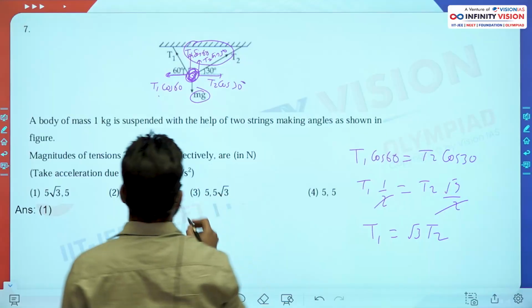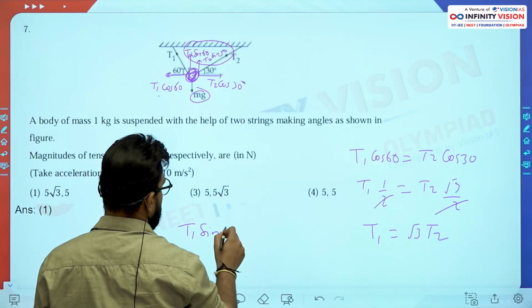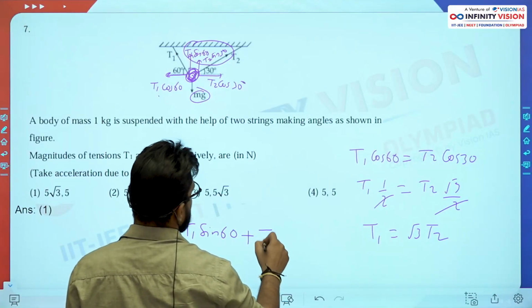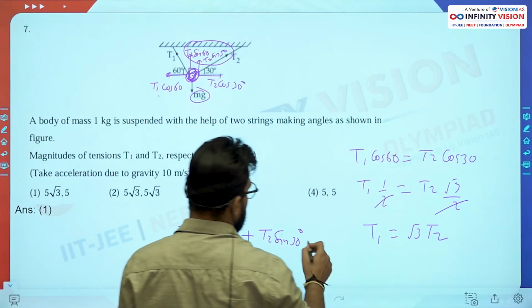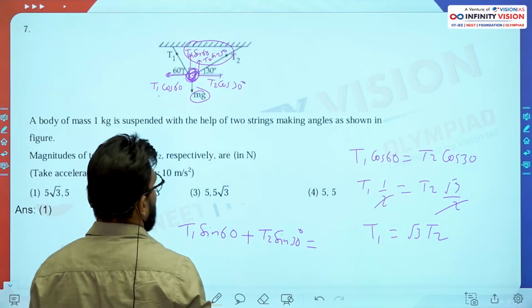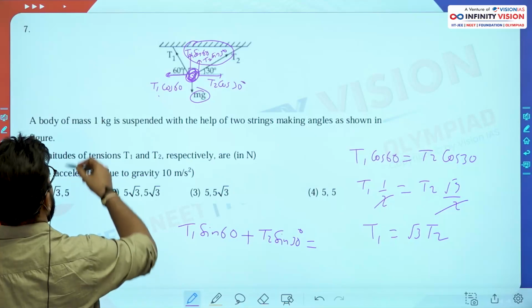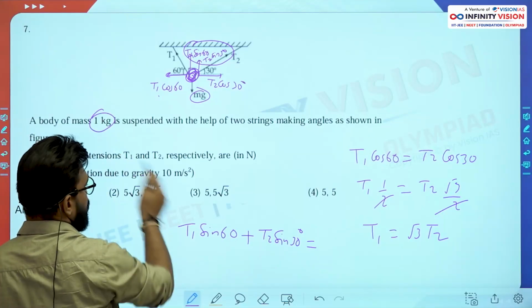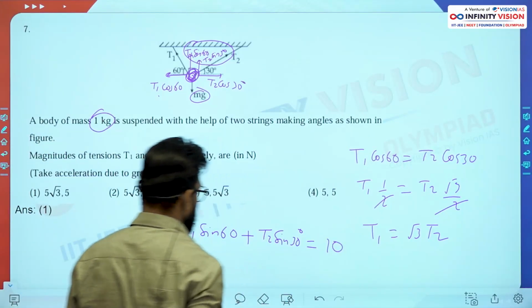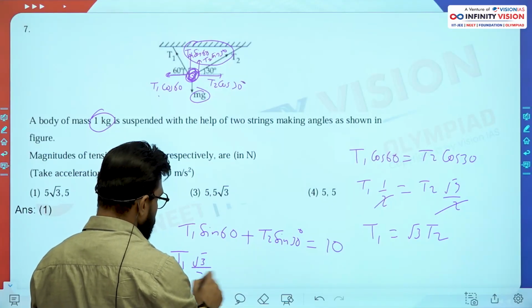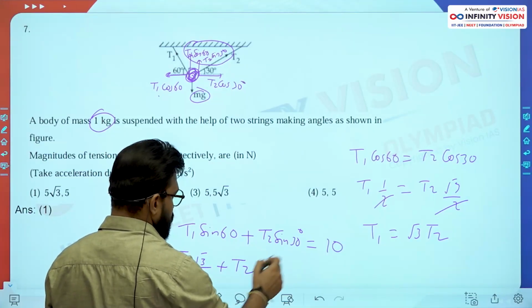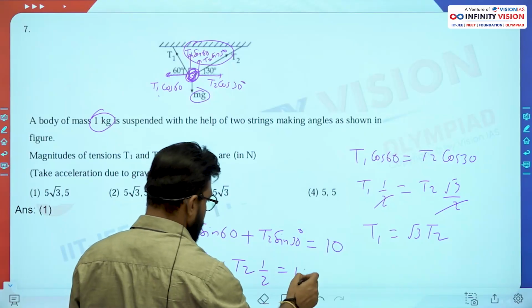Second equation is T1 sin 60 plus T2 sin 30 will balance the weight. Weight is m into g. Mass of the block is 1, so 1 into 10, which is 10 Newton. So T1 sin 60 is root 3 by 2 plus T2 sin 30 is half, equal to 10.